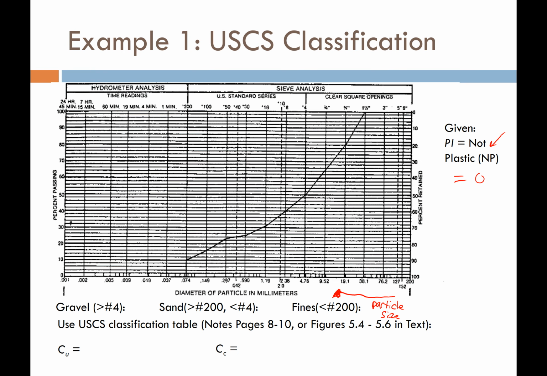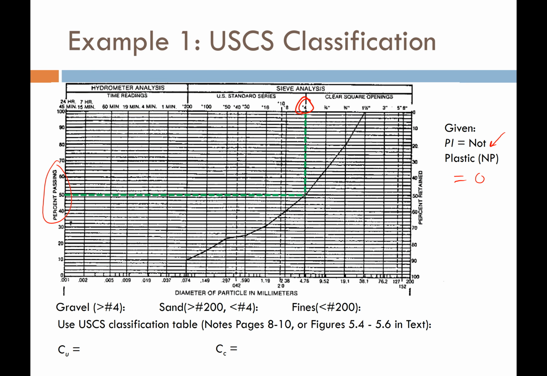Okay. All right, so let's go ahead and start working our way through this. The very first thing, of course, let's make some room so we can get our numbers in here. The very first thing we want to do is look at the number 4 sieve. Let's get our percent gravel. So percent gravel is the percent retained on the number 4 sieve. So here's the percent passing on this axis.